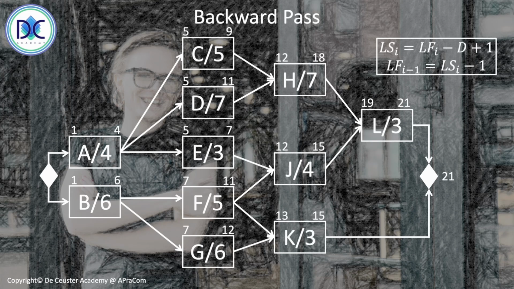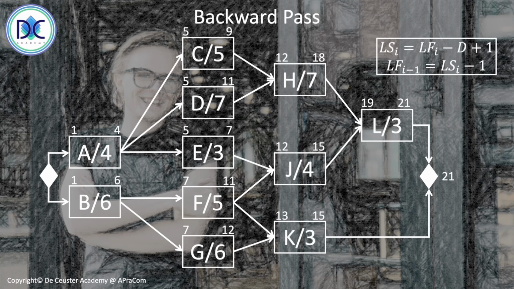What we're going to do is set the late finish time of the last activities, L and K, meaning the latest time L and K can finish without changing the duration of the project. For L, that's quite obvious, it will be 21.